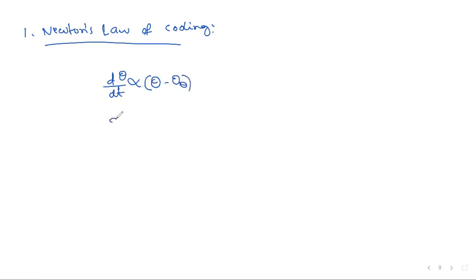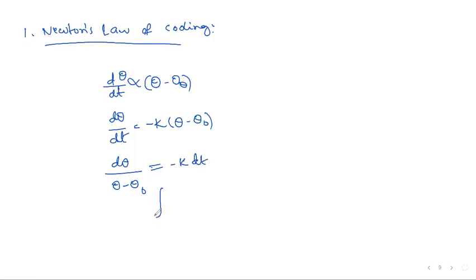So d theta by dt is equal to minus k of theta minus theta naught, where k is the Newton's law constant. The temperature is decreasing, so that's why I took minus k. Now I'm going to solve this differential equation by the variable separable method. d theta by theta minus theta naught is equal to minus k dt.